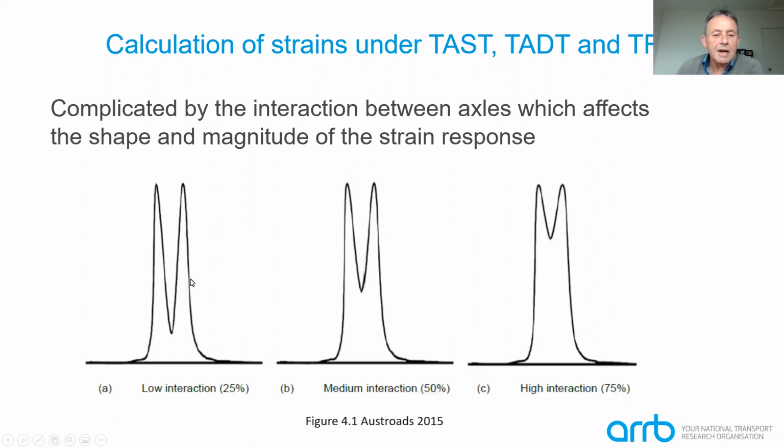Whereas if you have a thick asphalt layer, there's more interaction between the strains induced by the two axles. So that's what complicates things for axle groups that have more than one axle. There's a question of whether and how to allow for the interaction between the axles in the group.